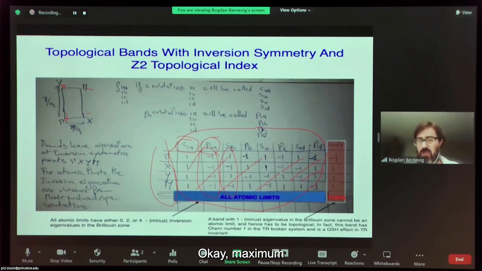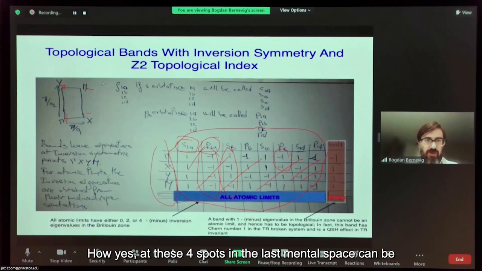Statement number 2 is you immediately notice here that these atomic limits have something special, in the sense that they all have an even integer of negative inversion eigenvalues in the Brillouin zone. And this even integer is, for example, 0 negative eigenvalues here, 4 here, 2 here, etc. But it's always an even integer.